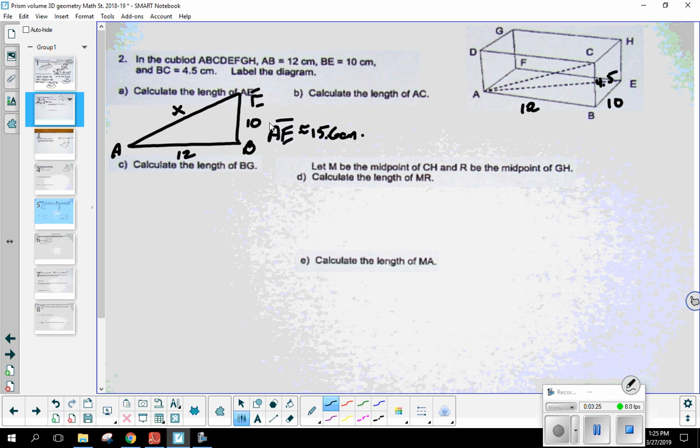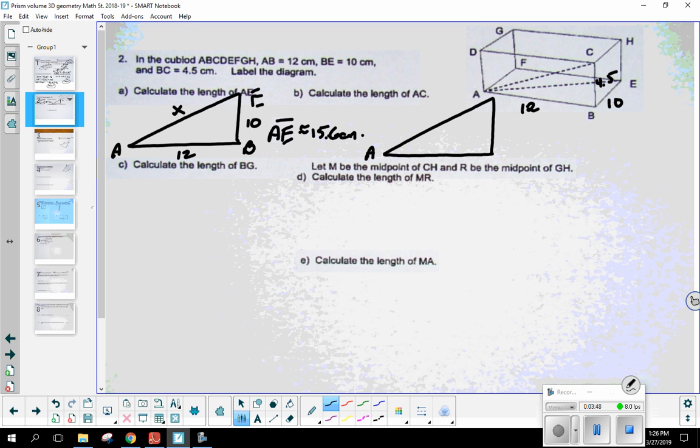Okay, so we got A done. Now it says calculate the length of AC. So if we're still imagining this rectangular prism as a room, then we're looking at the front wall. In fact, I would probably draw another right triangle.